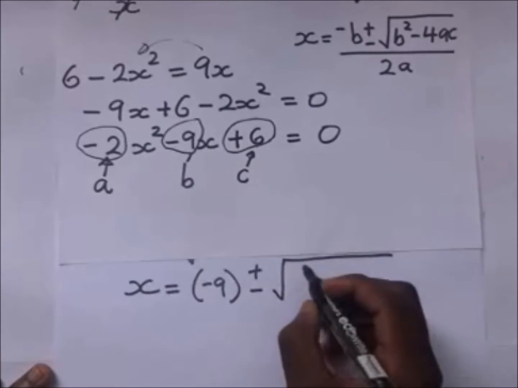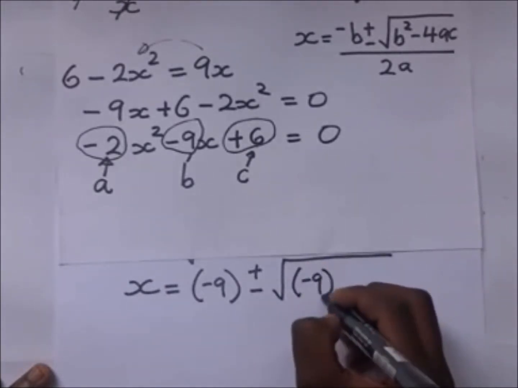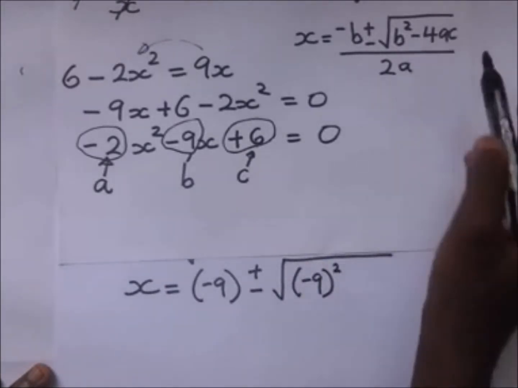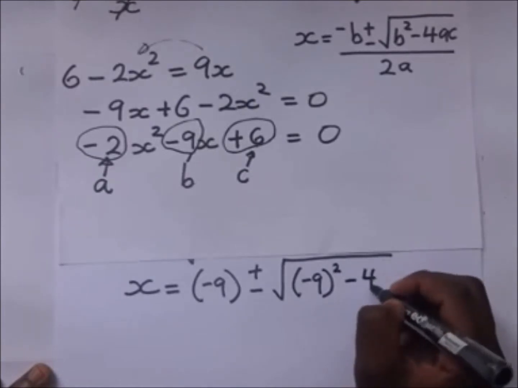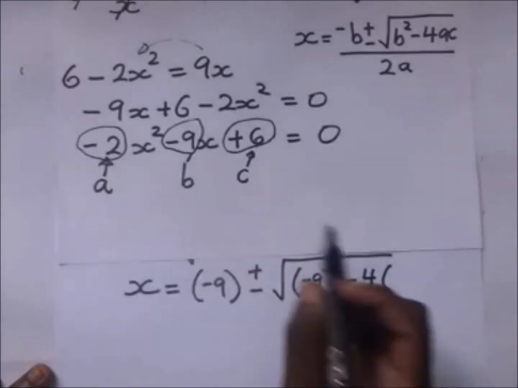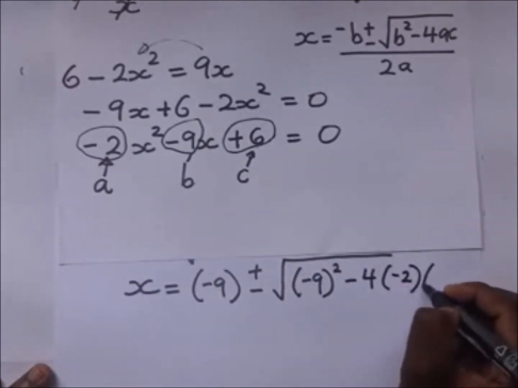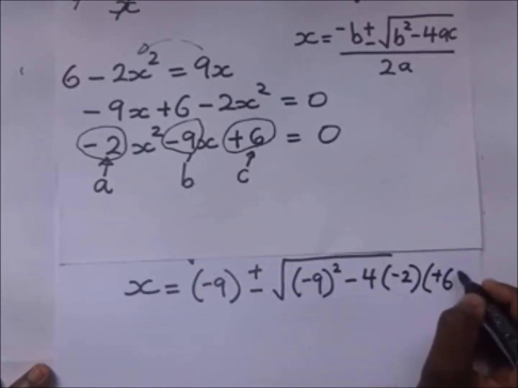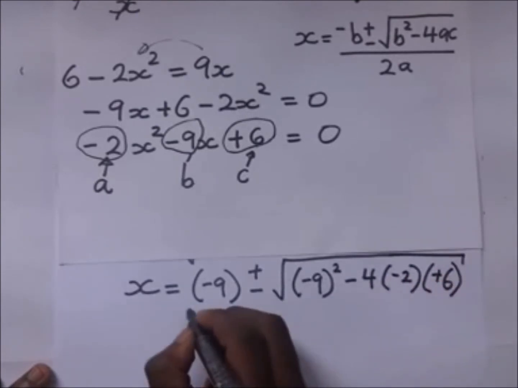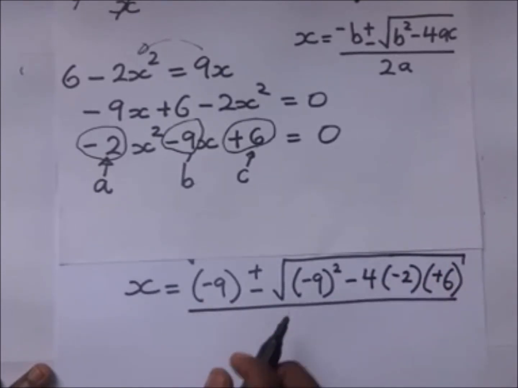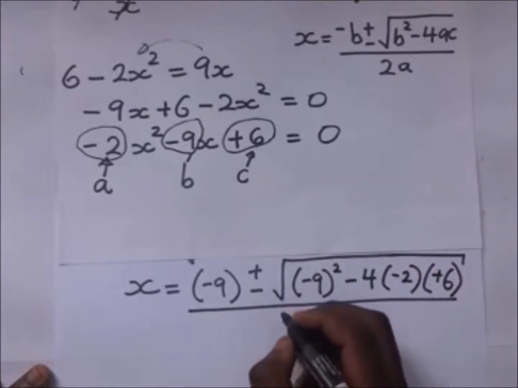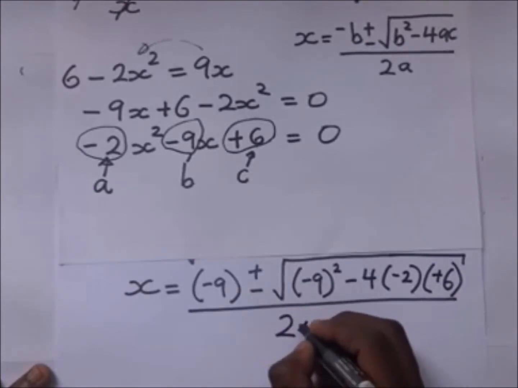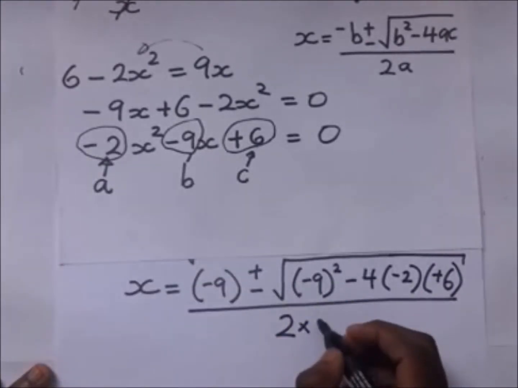B squared is negative 9 squared, minus 4ac, minus 4 times our value of a, which is negative 2, times our value of c, which is positive 6. Divide all this by 2a, which is 2 times our value of a, which is negative 2.